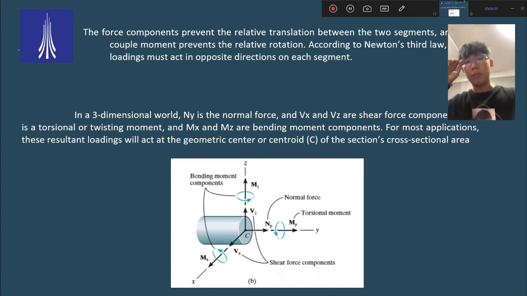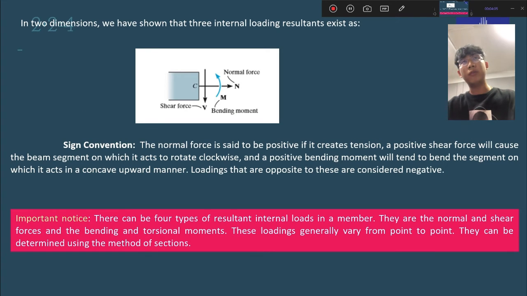If we look at it from a two-dimensional perspective, we have shown that the three internal loading resultants exist as the shear going down, which is the shear force and is tangential to the cross section, the normal force, which is perpendicular, and the bending moment.